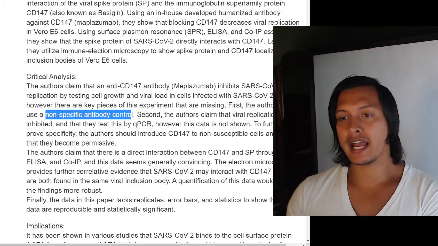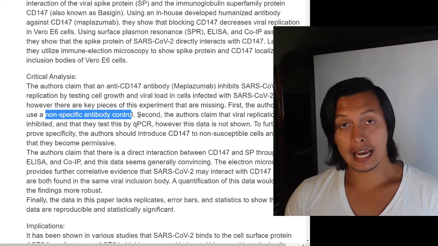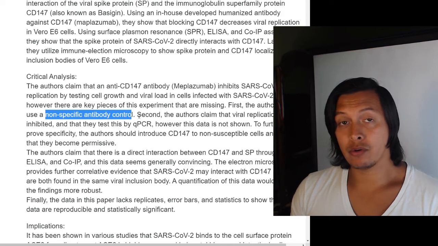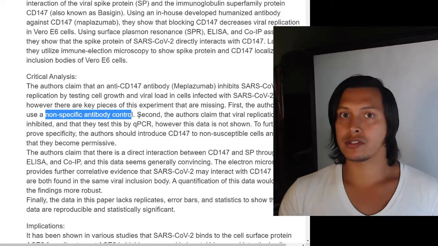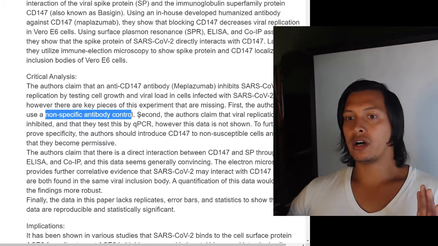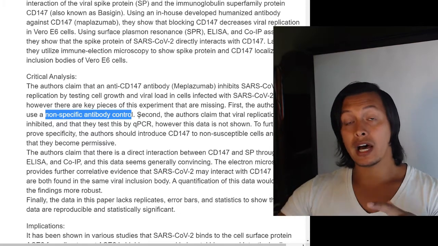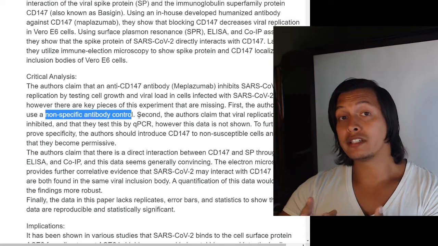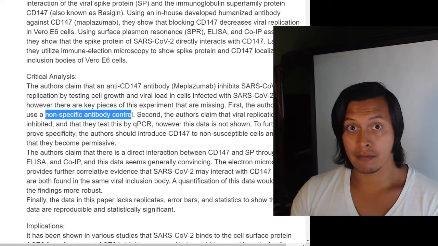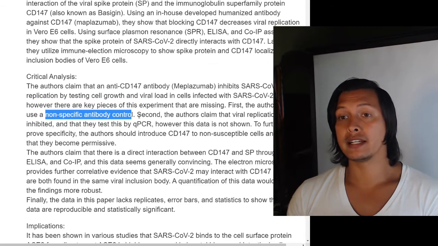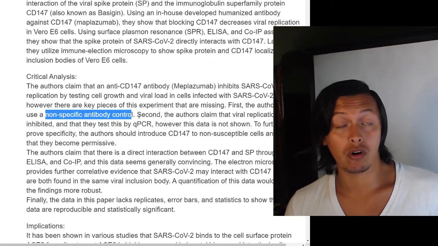So if you use an anti-CD147 antibody, it might interact with something else in some other way. So you need to use a non-specific antibody or a different antibody to see if there is any effect with antibodies in general.